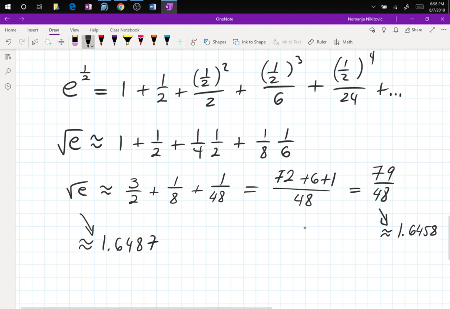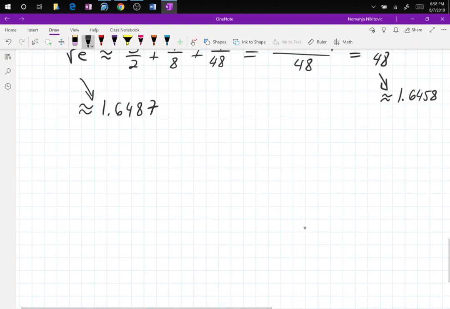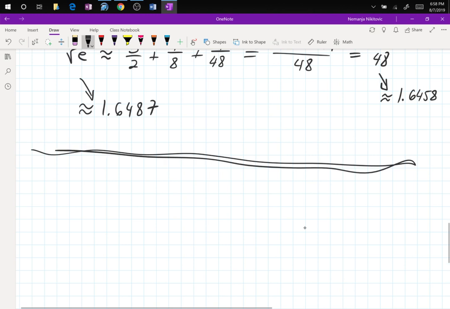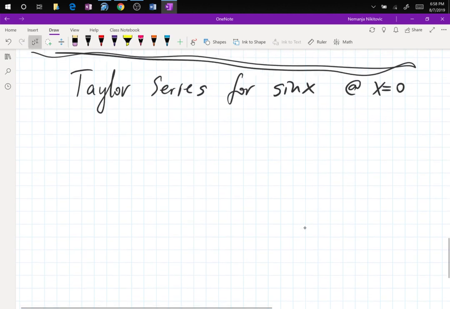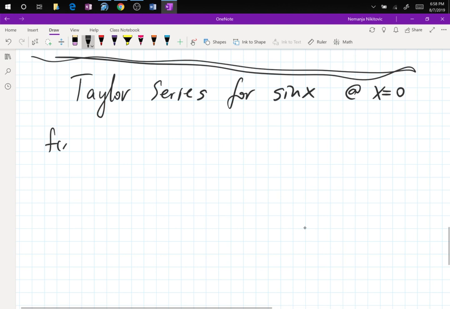So let's find the Taylor series for sine, centered at x equals 0. So my function f of x is sine x.